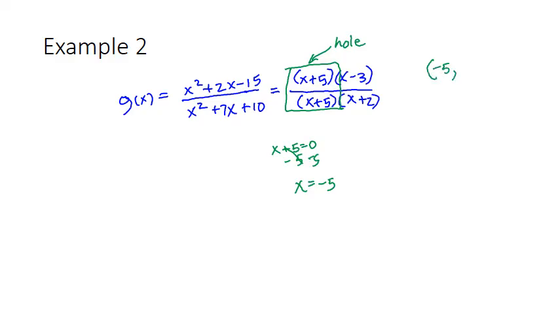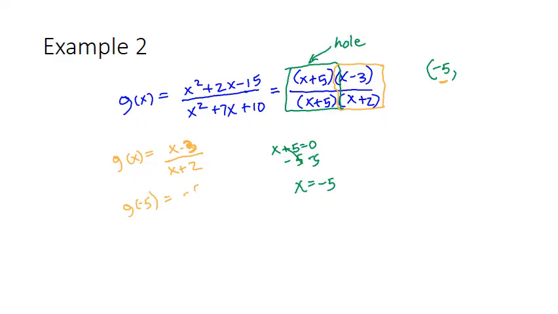How do we find the y-coordinate? To find the y-coordinate, we would take the reduced or simplified function. In this case, the simplified function would be x minus 3 over x plus 2. And we're going to substitute x is negative 5.